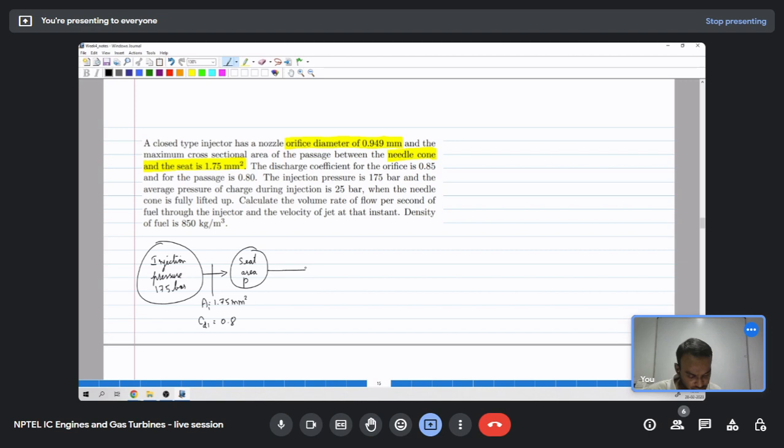Then this is connected to the cylinder at pressure 25 bar, and there is an orifice here with diameter 0.949 mm and CD of 0.85, and rho is given as 850 kilogram per meter cube.